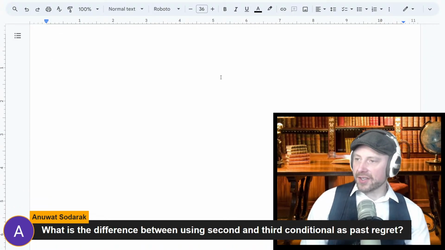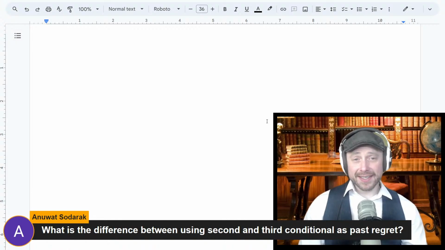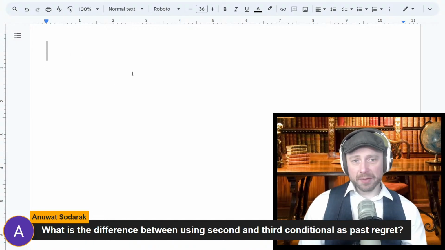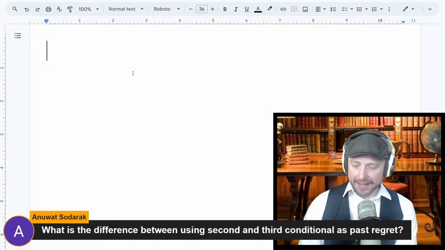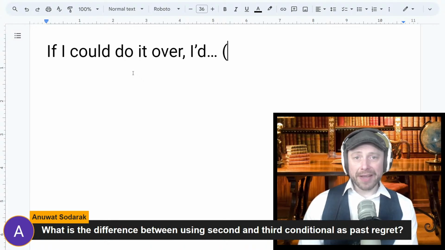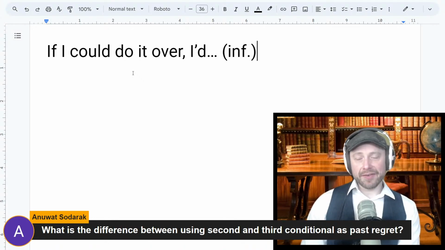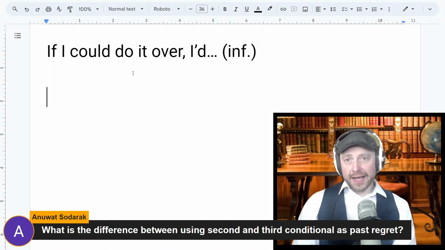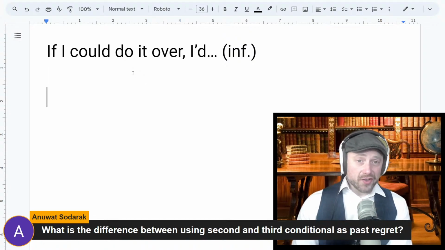The second conditional for regret is a little bit less common, but it is possible in the sense that we said, if I could do it over, I'd, and then we can follow this by an infinitive, like talking about the stream.